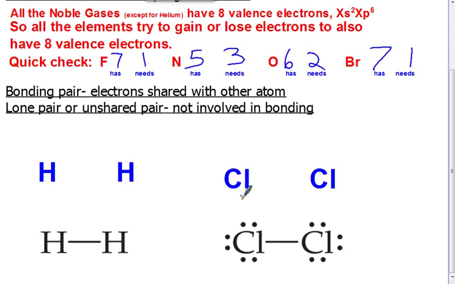So chlorine has 7. Another chlorine has 7. They both need how many? They both have 7, so they both need 1. So they make one bond, and they share those electrons in common.